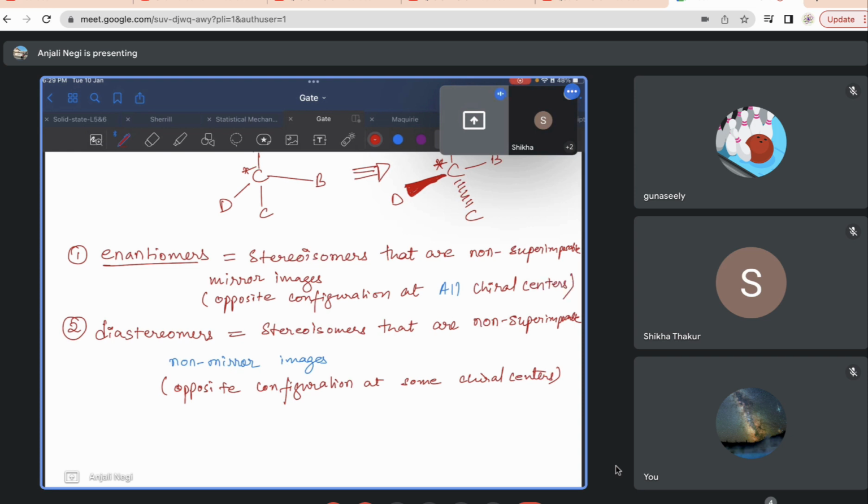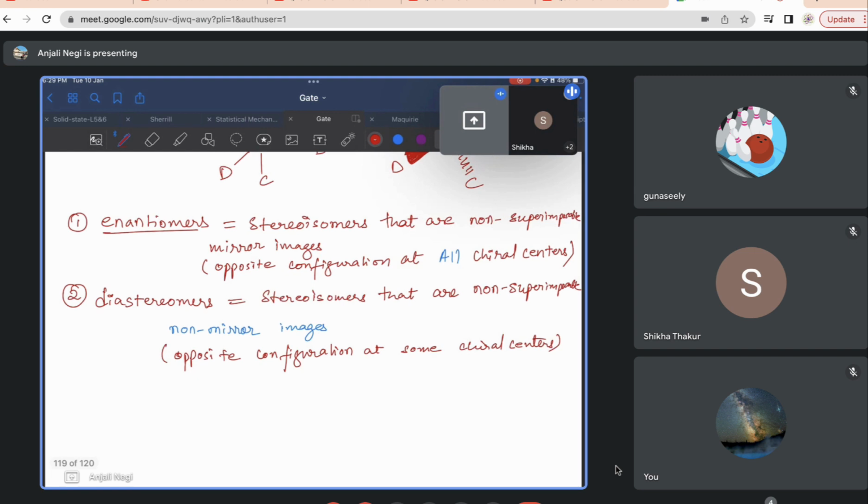Yeah, so just to get it into your head, I will give you one simple example. So say we have this, some bromine, chlorine.